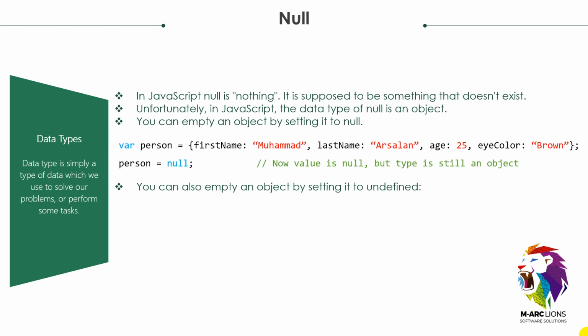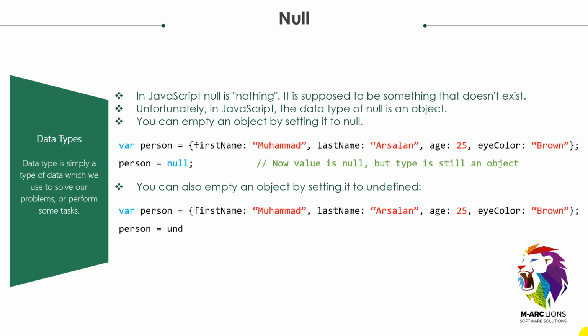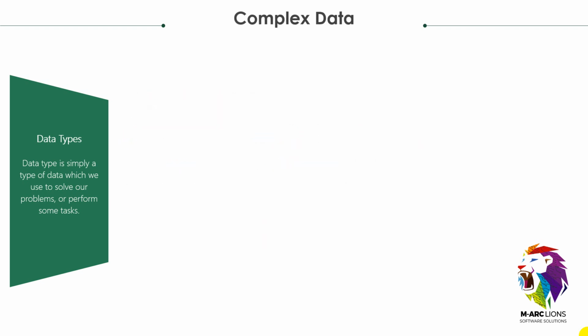You can also empty an object by setting it to undefined, but as I have explained, the data type will also be lost. If you want to maintain the data type, you can use null. If you don't want to maintain the data type, you can use undefined. Now, as you can see what I am writing here, both value and type are undefined.